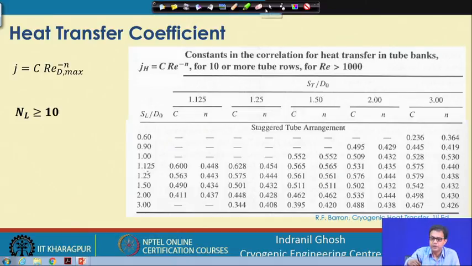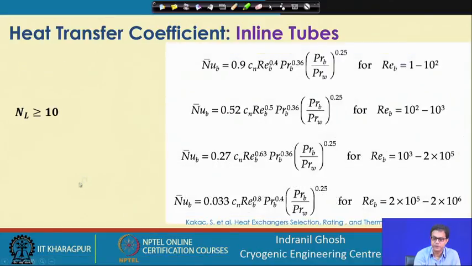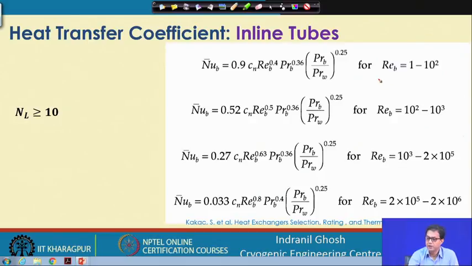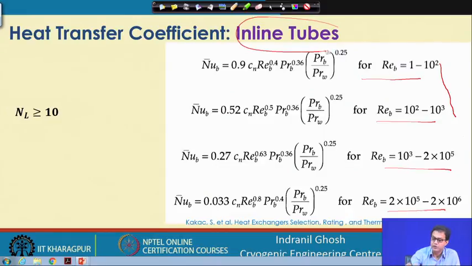as an alternative, we have another set of correlations given in Heat Exchanger Selection, Rating and Thermal Design by Kakac et al. Here this is defined as a function of different ranges of Reynolds number, and there are different correlations for the inline tube arrangements.